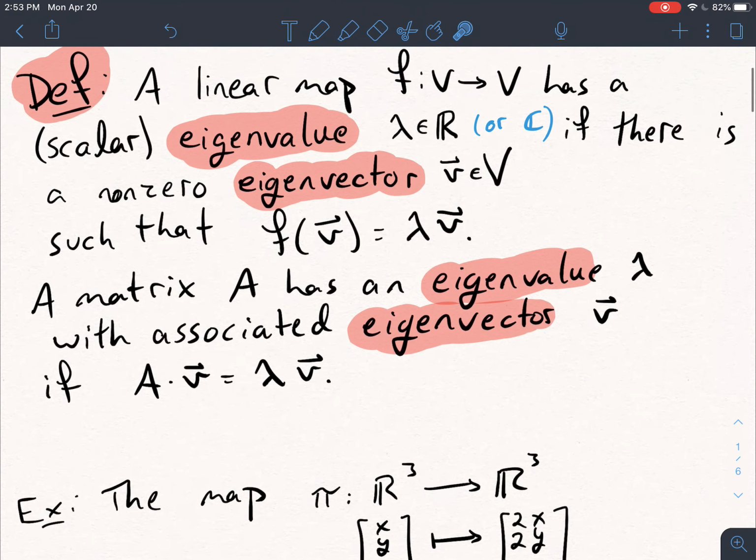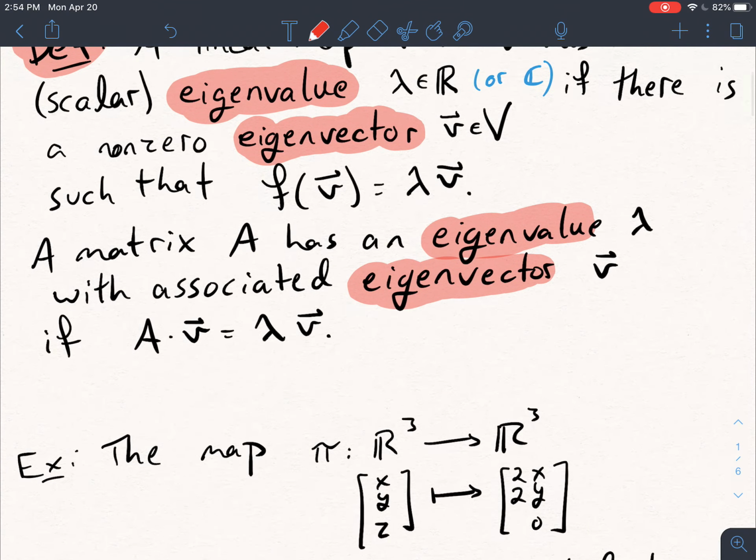You might be thinking that I made a big deal about eigenvectors not being 0. So let me go back up here. Our eigenvector we typically don't allow to be 0, because if v is the zero vector and f is a linear map, then f of 0 is always going to be equal to lambda times 0, because this is always 0 itself.